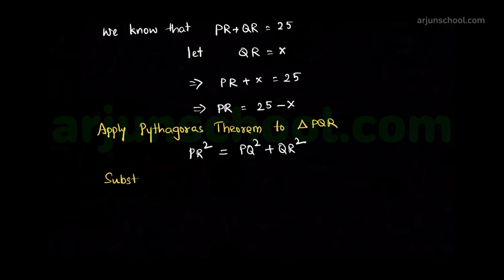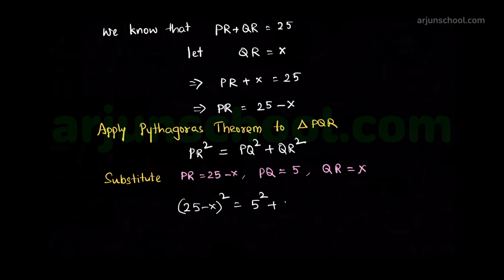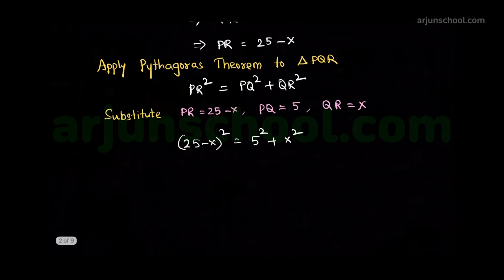Let us substitute these values in the above equation. PR square is equal to PQ square plus QR square. (25 minus x) whole square is equal to 5 square plus x square.